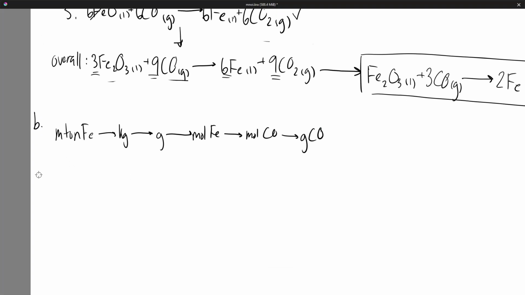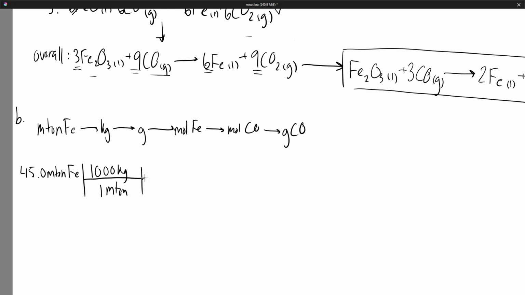So let's do that. So 45.0 metric tons of iron. If you look at the last page of the study guide, there's a unit conversion for metric tons to kilograms, and it's 1,000 kilograms per 1 metric ton.